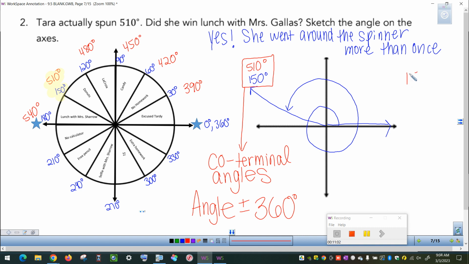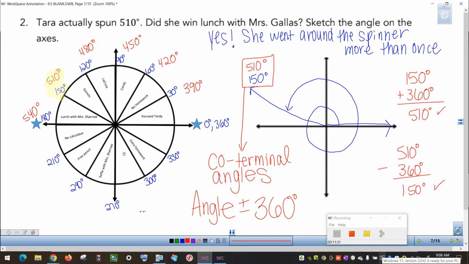Now, if we were to check our work for this off to the side, starting with 150, sure enough, if we add 360, that is equal to 510. Now it also goes the other direction. Let's say that we started with 510 and we wanted a coterminal angle that was smaller. We would just subtract 360, and that's going to get us down to 150. So adding or subtracting 360 always will give us a coterminal angle, an angle that the label would be in the same position because they share a terminal side.